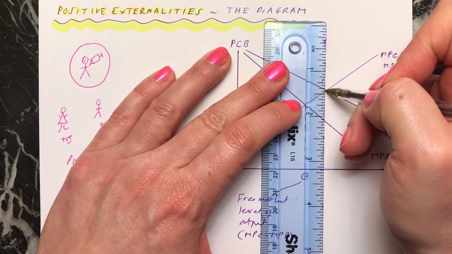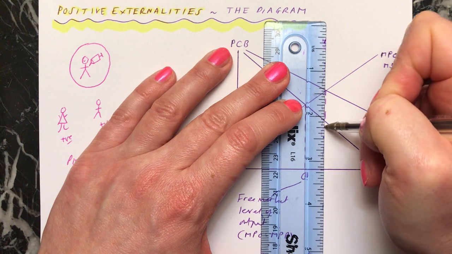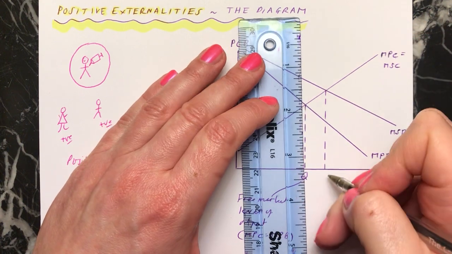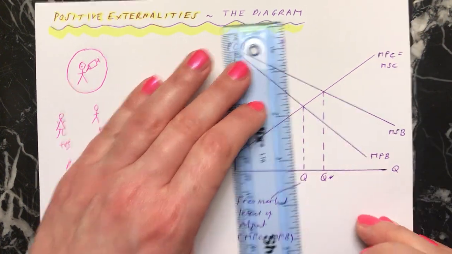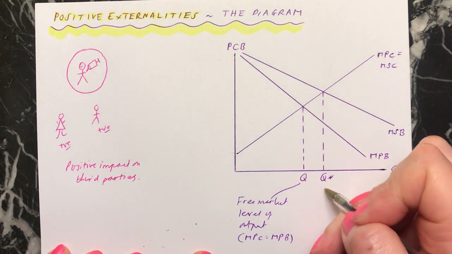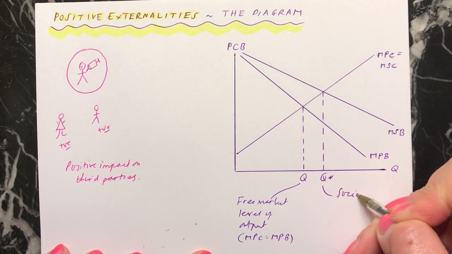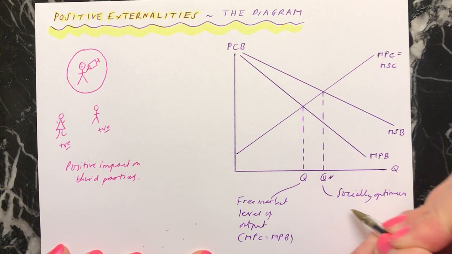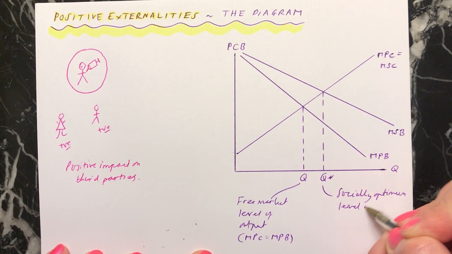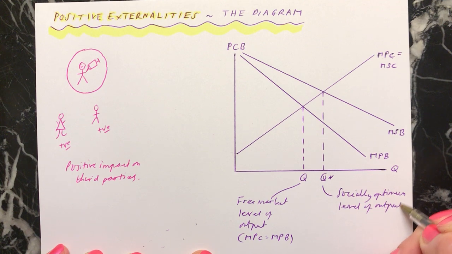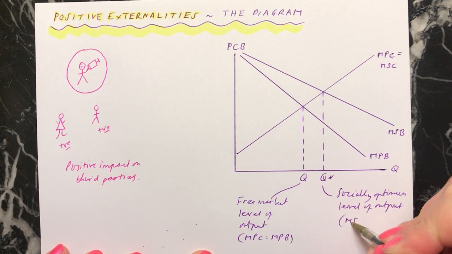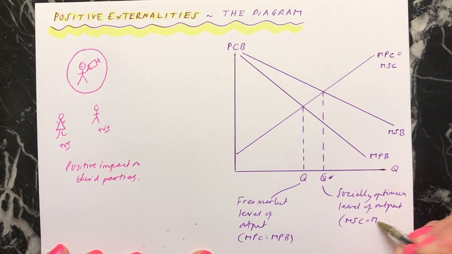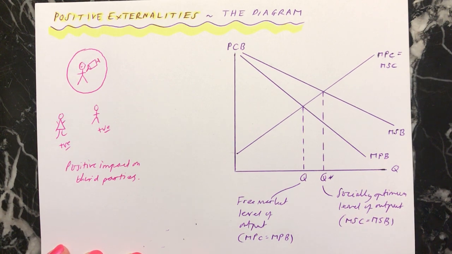So we've put this equilibrium in here, and this equilibrium we'll call Q star. And Q star is where we want to be. This is the socially optimum level of output. And this occurs where your marginal social cost is equal to your marginal social benefit.